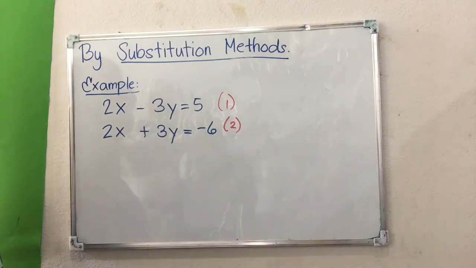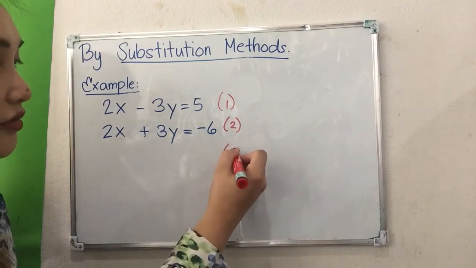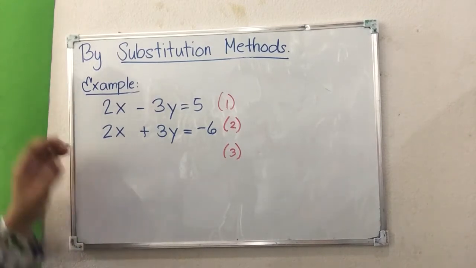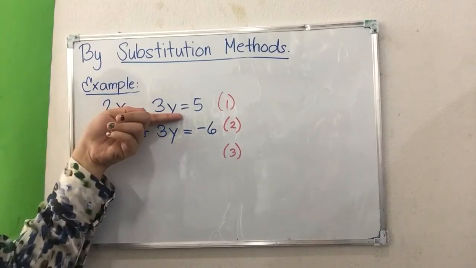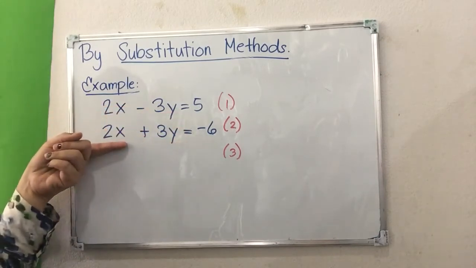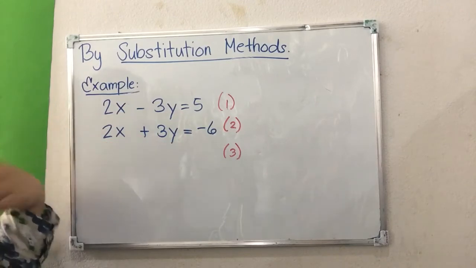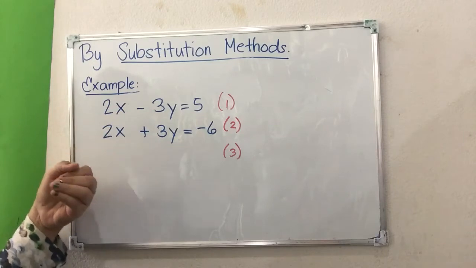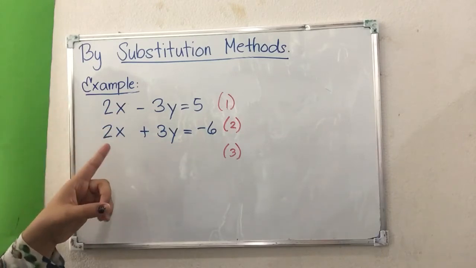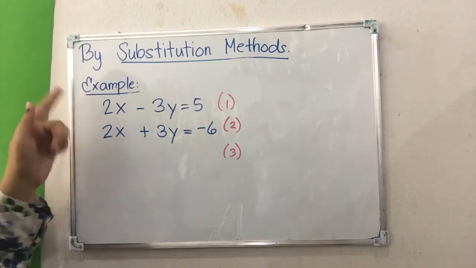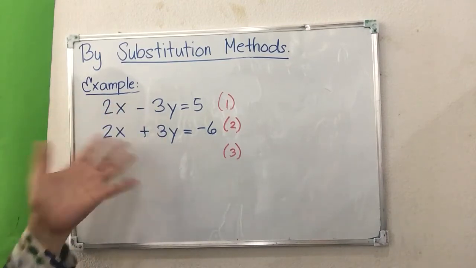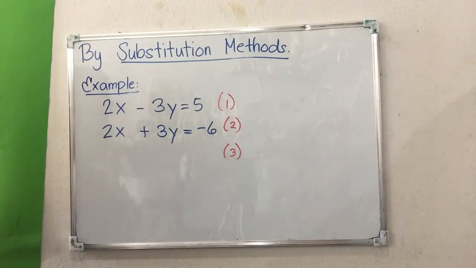Now we have to make our third equation. What have you noticed? All variables have a coefficient of more than 1. We have 2x, with 2 and 3, and the same in the second equation. So how are we going to do that?